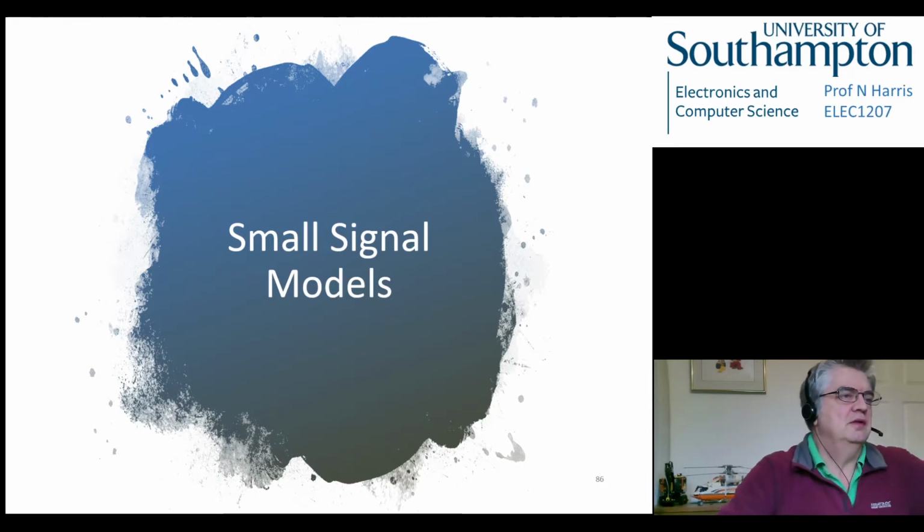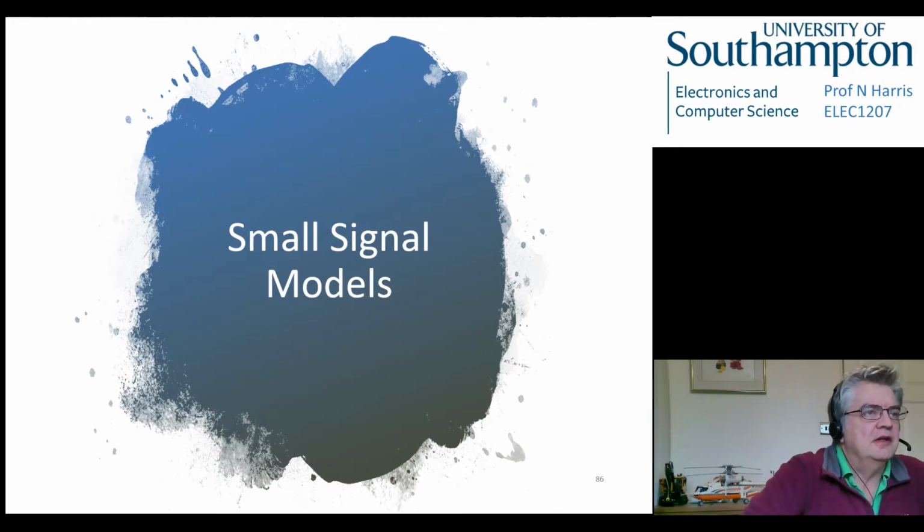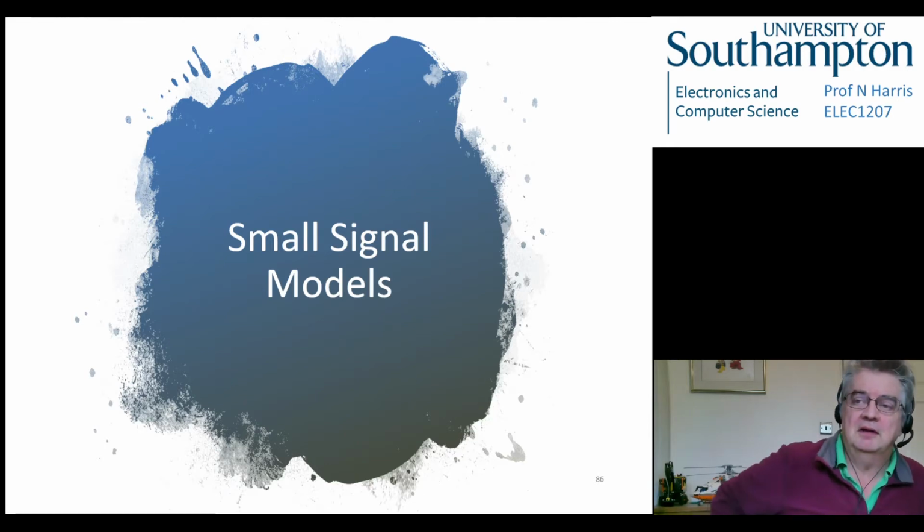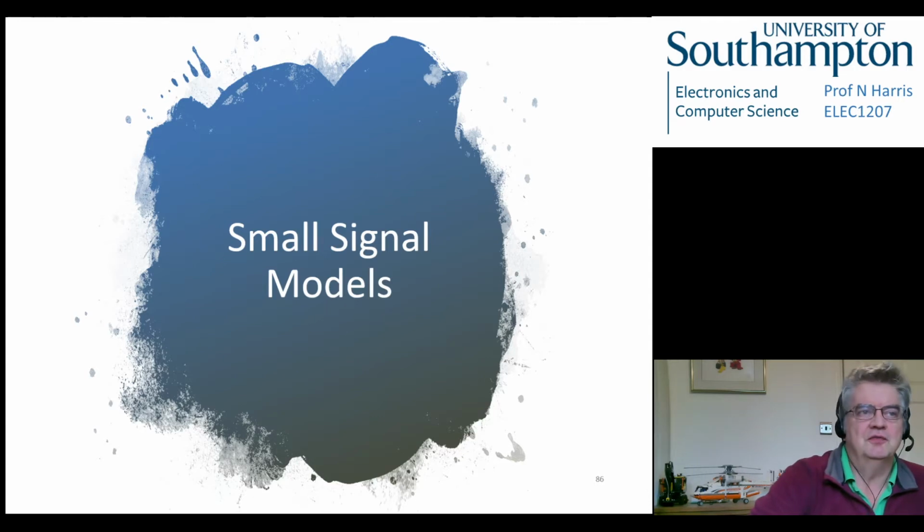Right, so at the end of the last lecture, we started looking at these small signal models. We'd also looked at large signal models, simplified large signal models, and how we can apply the large signal model, and we identified the need for biasing.